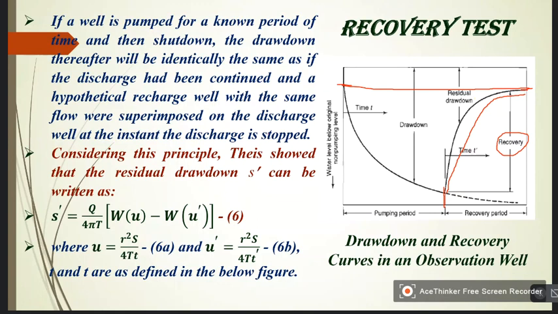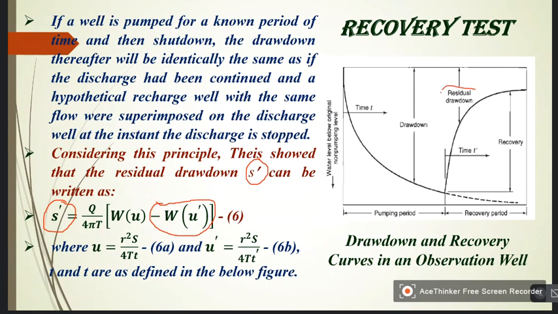So now what we do is, instead of considering the drawdown, we will consider the residual drawdown. So S dash, the residual drawdown, is also given by the same well function. But the only difference is, because it is rising, it is written as the original value minus the recovery.